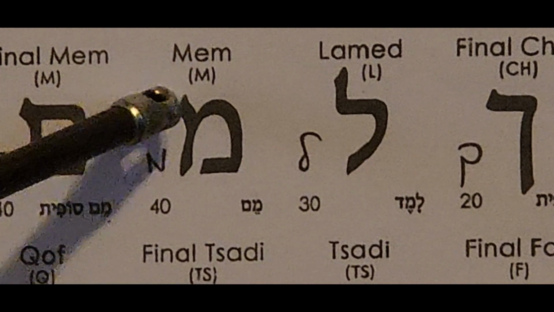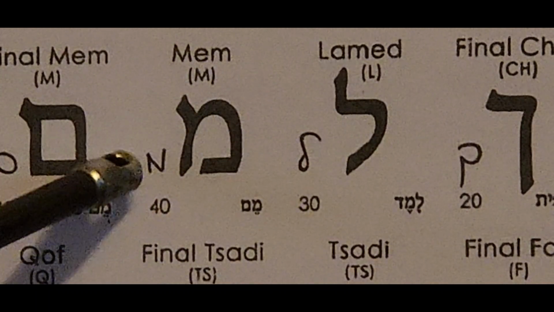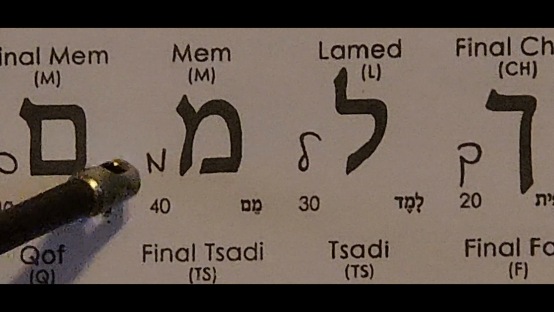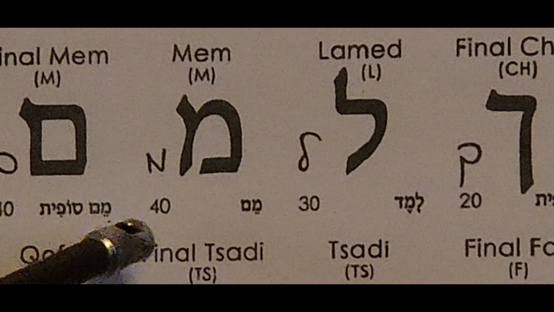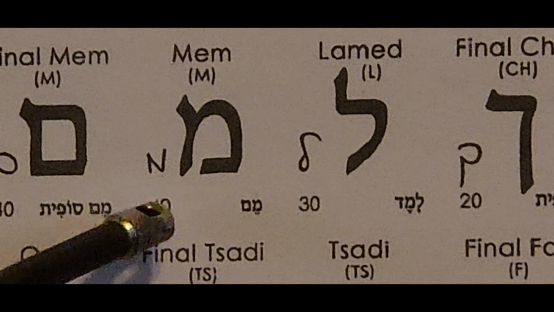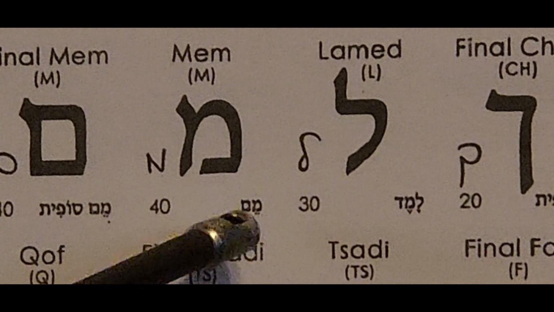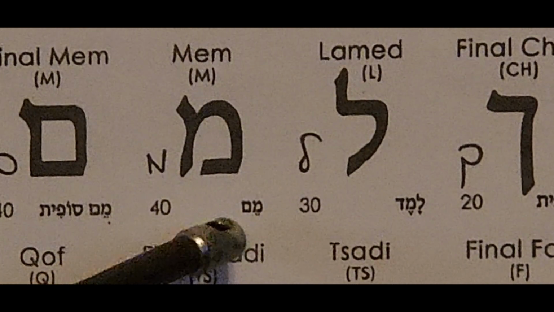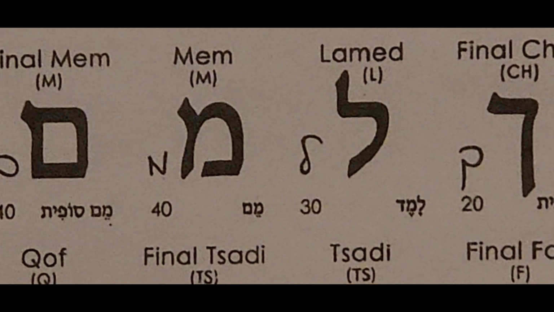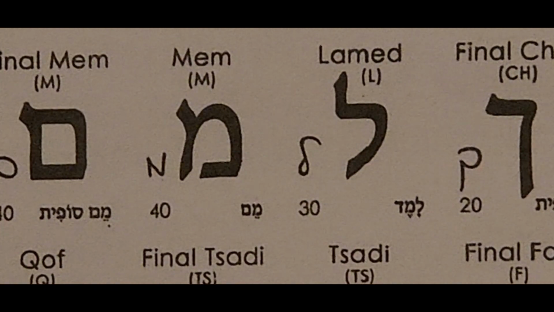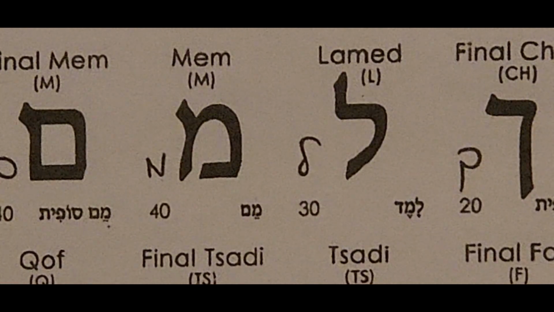It has the sound of the letter, which is M. It has the cursive symbol for the letter M. It has the numerical value for the letter M. Every letter has a numerical value. And here is the characterization of the letter Mem in the Hebrew language. So you're able to see actually some Hebrew script right off the bat with this little alphabet.